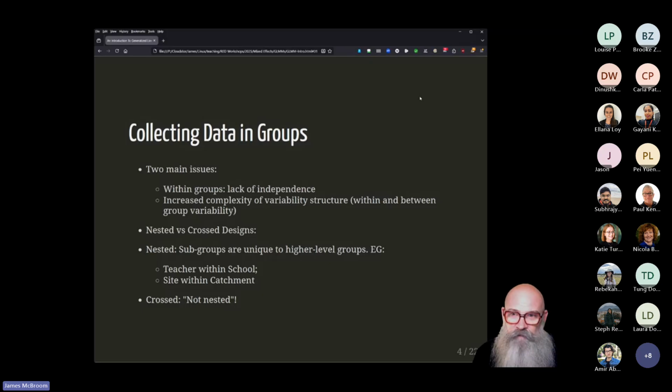But generally speaking, if there's any crossing whatsoever, even if it's within a hierarchy, we tend to call it crossed, because crossing creates extra issues algorithmically and from an interpretability point of view that we need to think about more carefully. So just to mention to you guys that for what we're doing this afternoon, I'm just going to be looking at a single level, a single layer of nesting. We won't be looking at crossed designs.